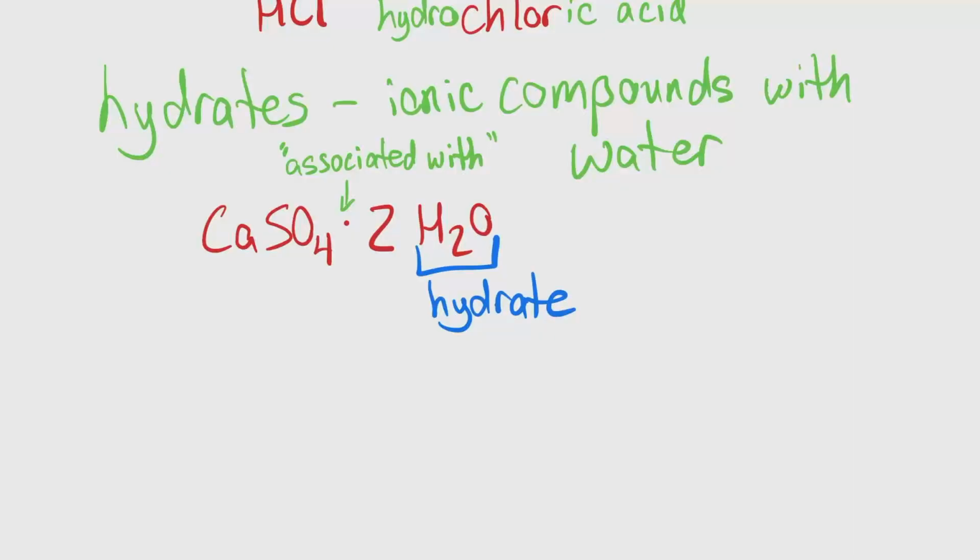So our name for the CaSO4 part would be calcium sulfate. We've got some waters, so we have the hydrate part. Does anyone want to guess what we're going to use to signify that we've got two of them? It's di. So this is dihydrate.